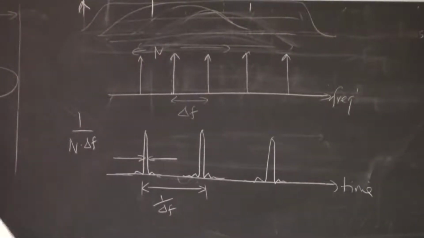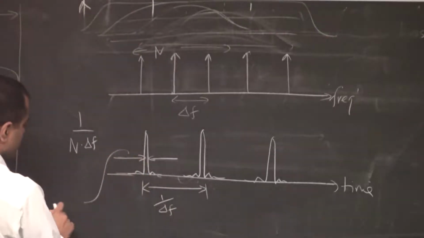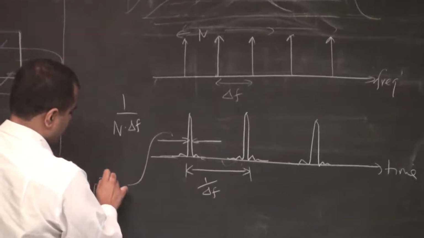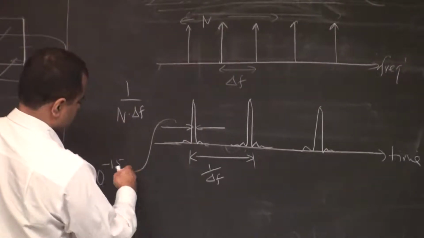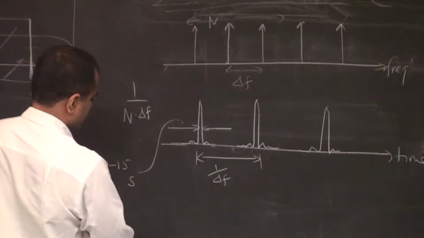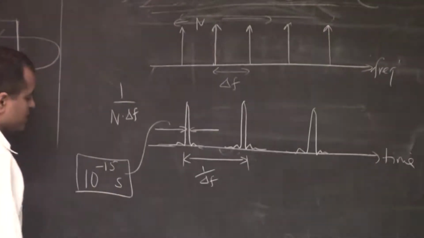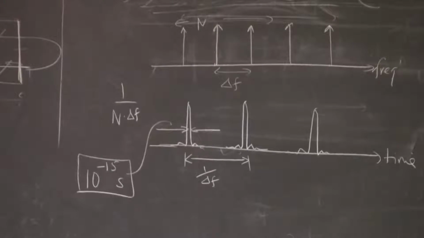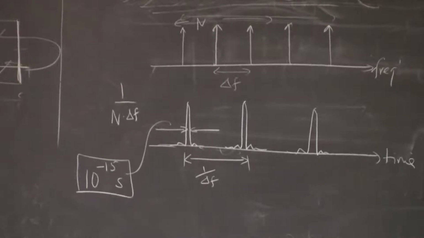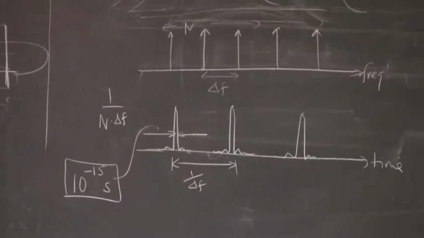How sharp? In time domain, you can get down today to 10 to the power minus 15, so nano, pico, femto, right? Seconds, femtosecond. And I think some people have also managed to get into attosecond. So these are the shortest time scales that we can achieve on any device that we can make today.